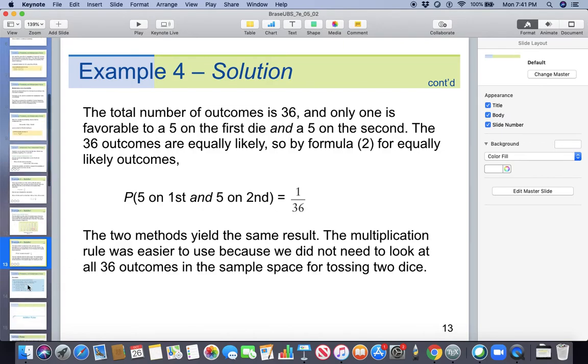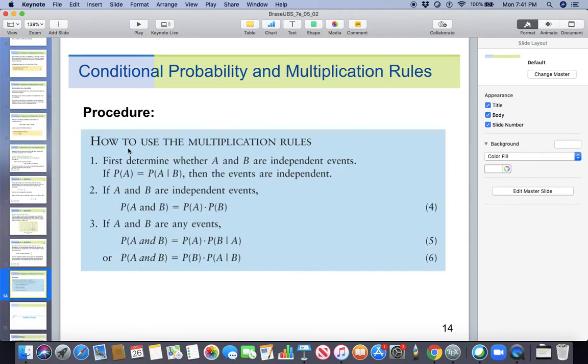All right. So which brings us to how to use multiplication rules. First, determine whether A and B are independent events. If probability of A is same as probability of A given B, then the events are independent. That is, occurrence of B did not impact probability of A. It continued to be the same, equal.